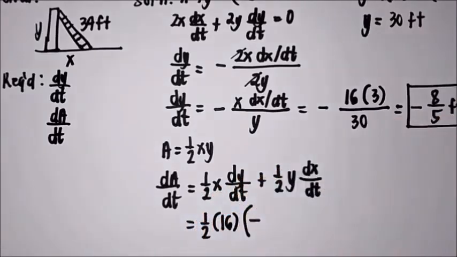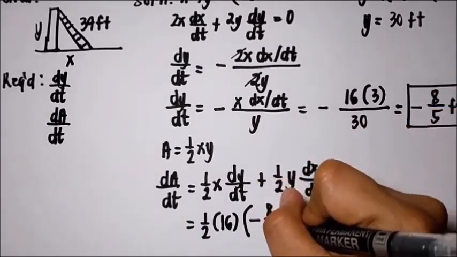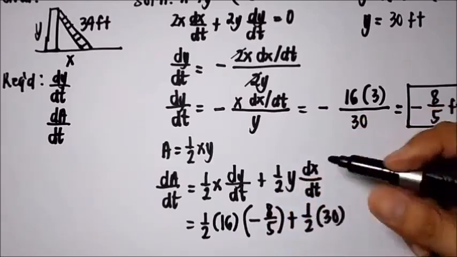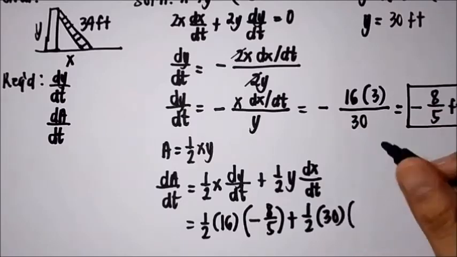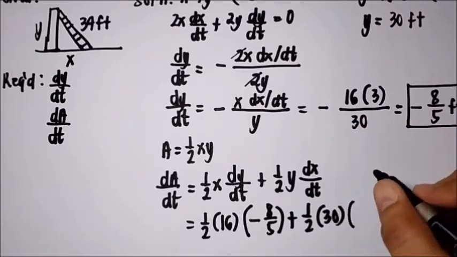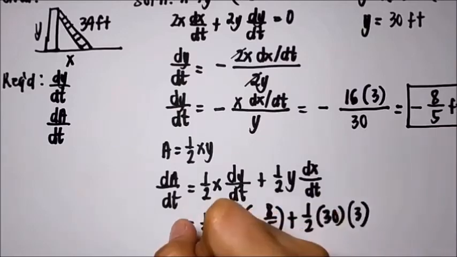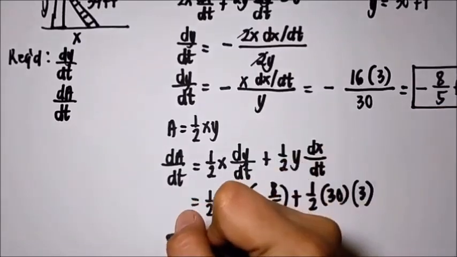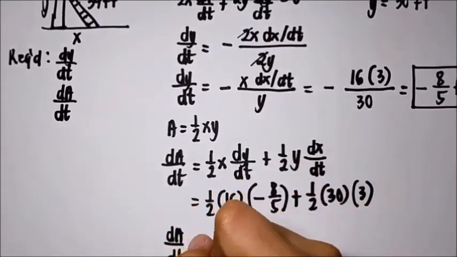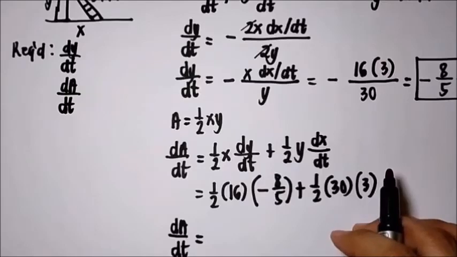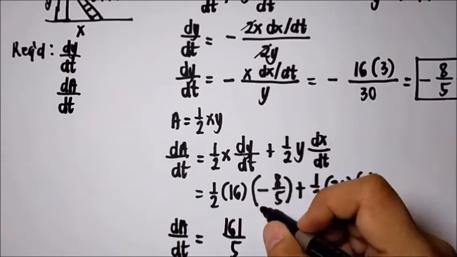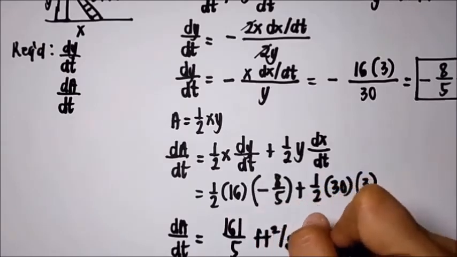We already solved for dy over dt, which is negative 8 over 5 feet per second, plus 1/2 y, y is 30, and dx over dt is given as 3. Solving for this, we can now compute the value of dA over dt, and dA over dt is 161 over 5 square feet per second.